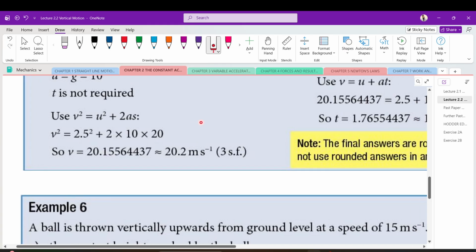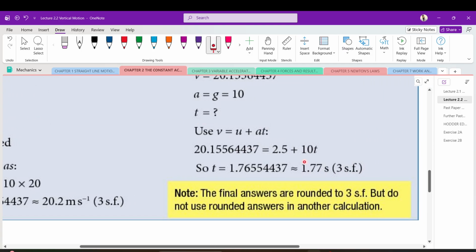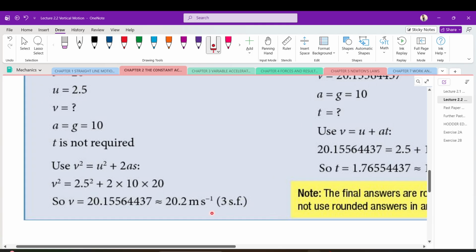A ball is thrown vertically. Also, there's something important written here. The final answers are rounded to 3SF, but do not use rounded answers in another calculation. So for example, over here, our final answer to part A was given as 20.2 meters per second. But does that mean that if I need to use this value, I have to use this value? Absolutely not. You need to use something which is at a greater accuracy.